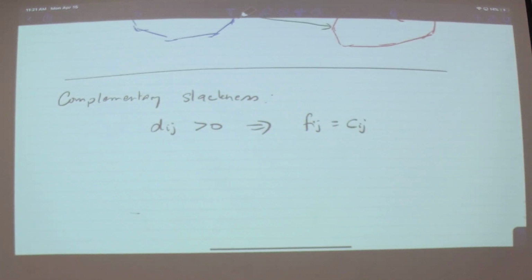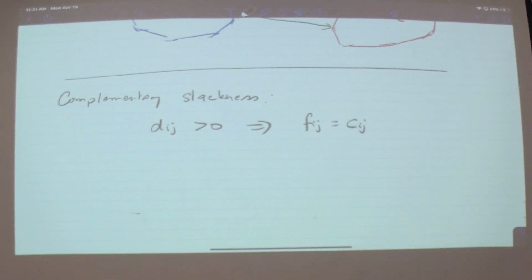But this is very interesting, right? Because if you go back to when we looked at the proof of Ford-Fulkerson, what we actually ended up showing is that for all edges that go across the cut, the flow is saturated. You cannot push any more flow.